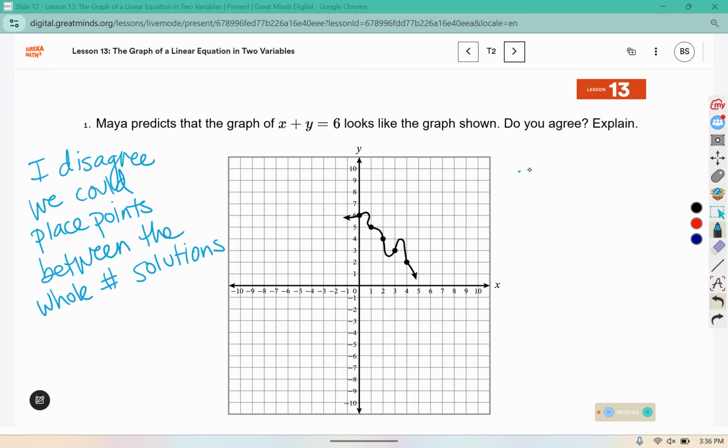So for example, if I put 2.5 in the x position, I would need to add 3.5 in the y position to get 6. So 2.5, 3.5 would be this point here, which it doesn't go through. It should go through that point.